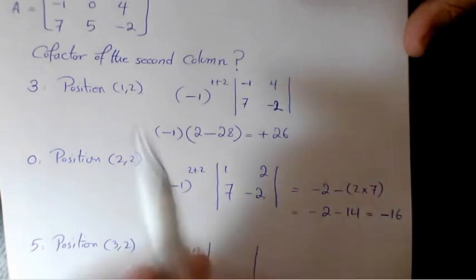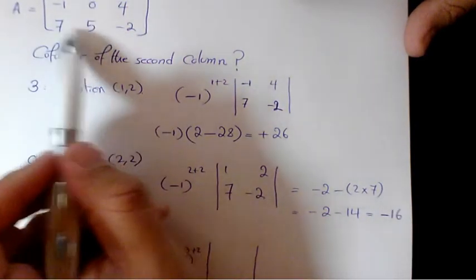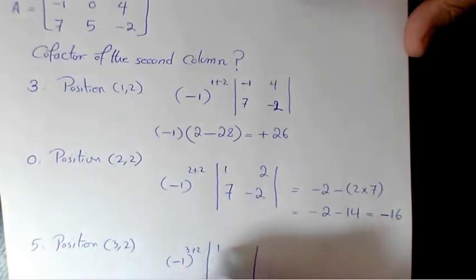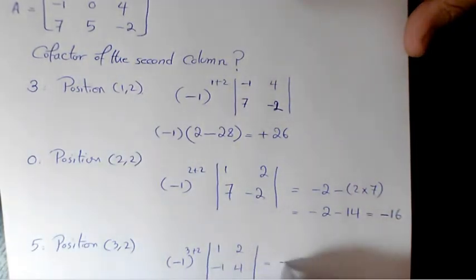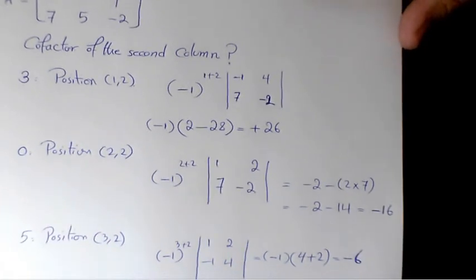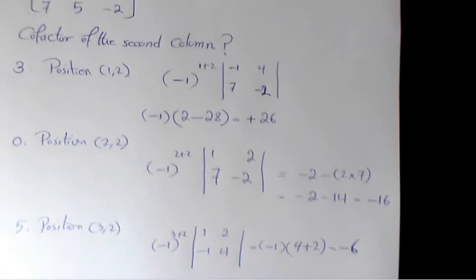The determinant of the elimination of this column and this row is going to be 1, 2, negative 1 and 4, which will be 1 times 4 minus 2 times negative 1, which is plus 2. That's going to be negative 6. So these are the cofactors of the second column.